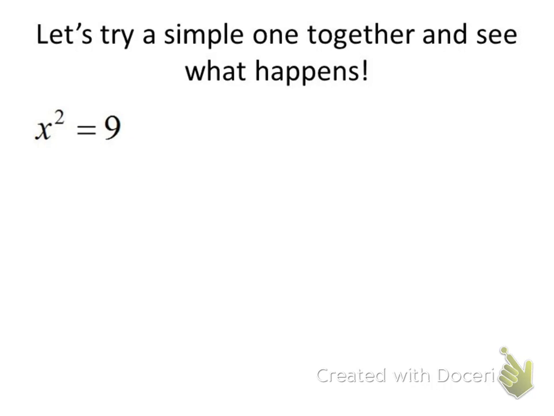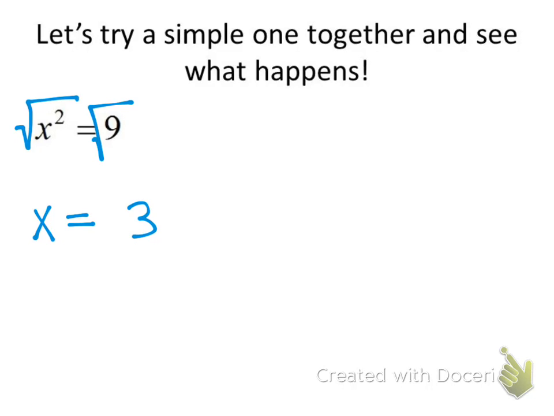If you didn't know that, you would take the square root of both sides. That's how you undo squaring the x. You take the square root. So that would leave me with x, because the square root of x squared is x, equals, and you all said that the square root of 9 is 3.